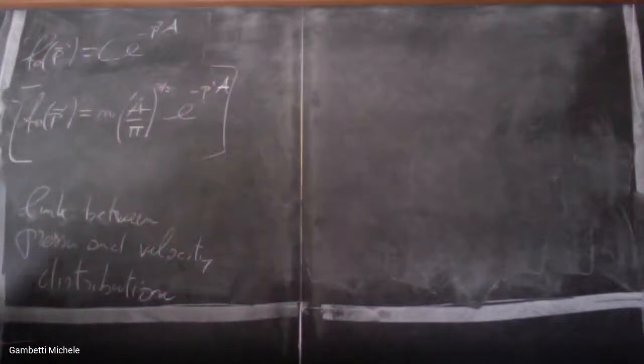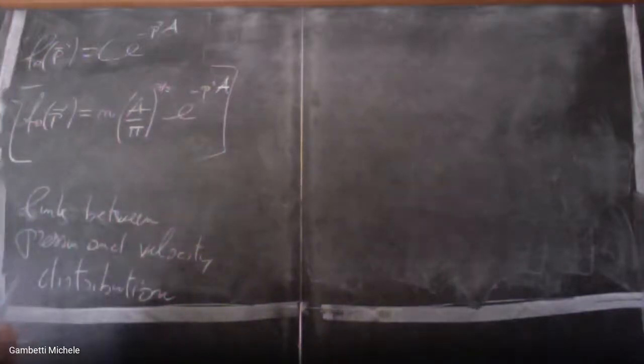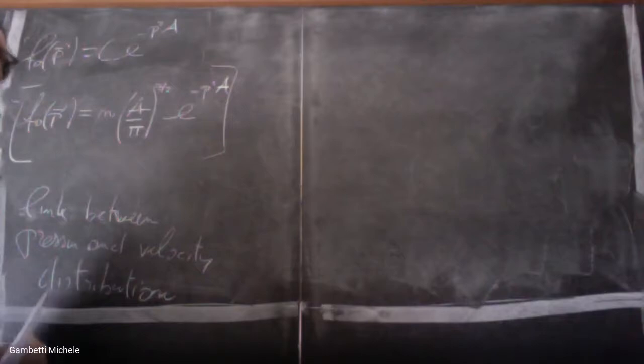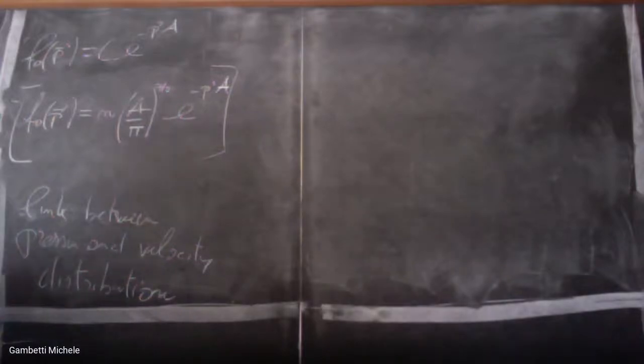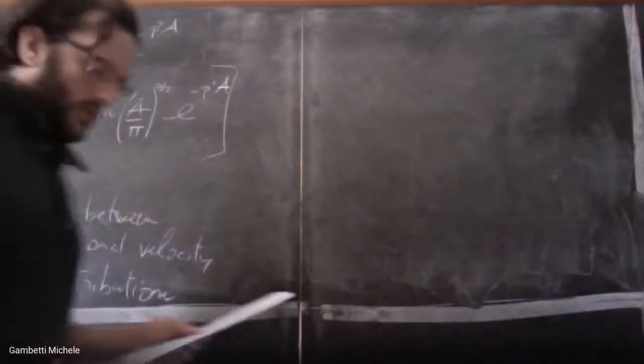Okay, so you have done this most probably a few years ago. I will just sketch what the derivation is. Okay, I will not do it fully because it's something that you have seen many times.